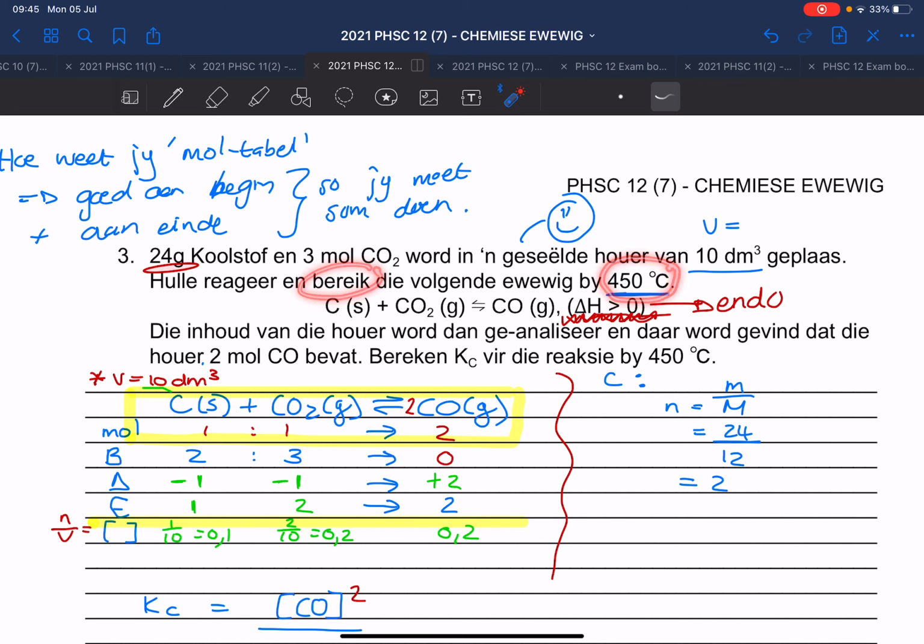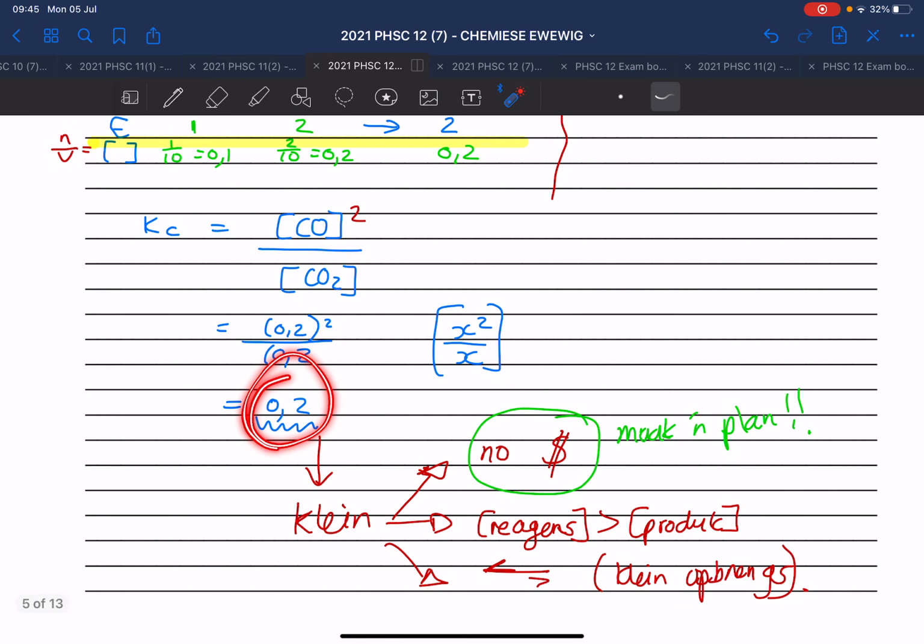So daai is 'n baie belangrike gedeelte. If you change the temperature, then the Kc expression that we've calculated will change as well. So the Kc value that you calculate is at a specific temperature. As jy die temperatuur verander, dan gaan die hoeveelheid verander.